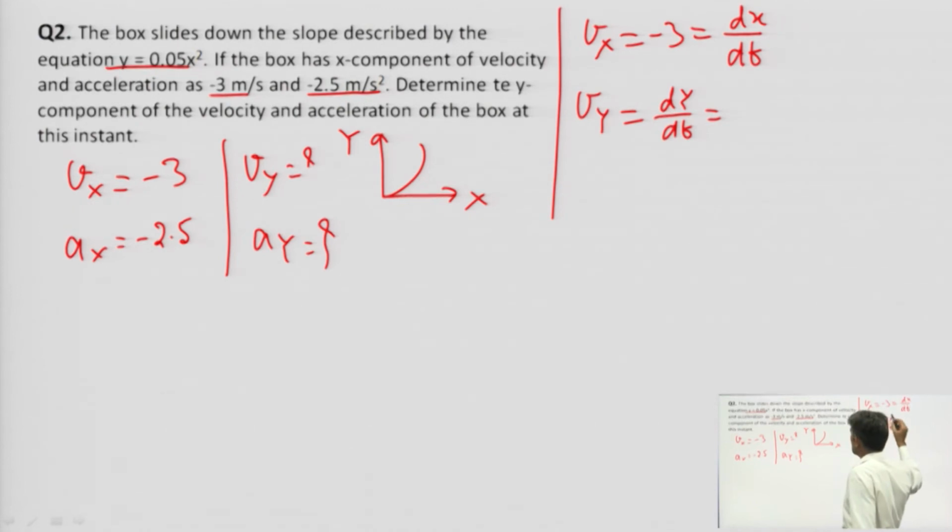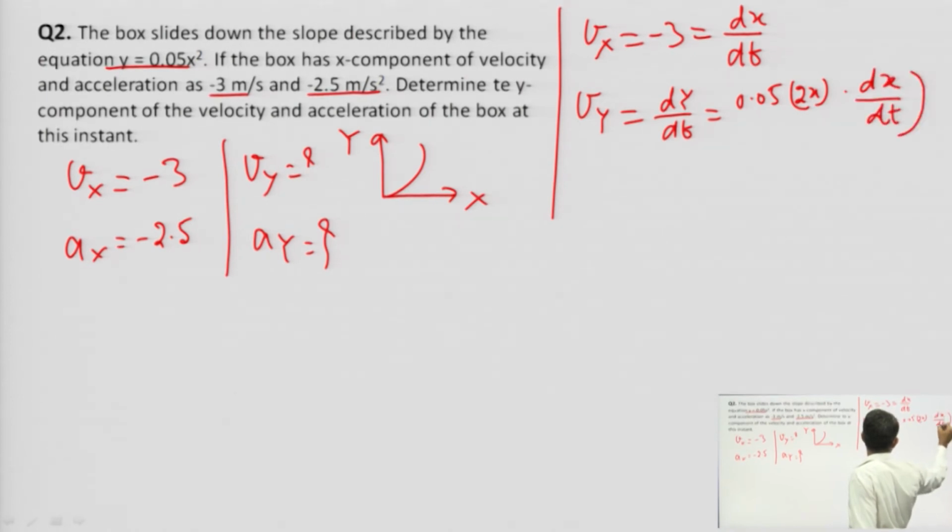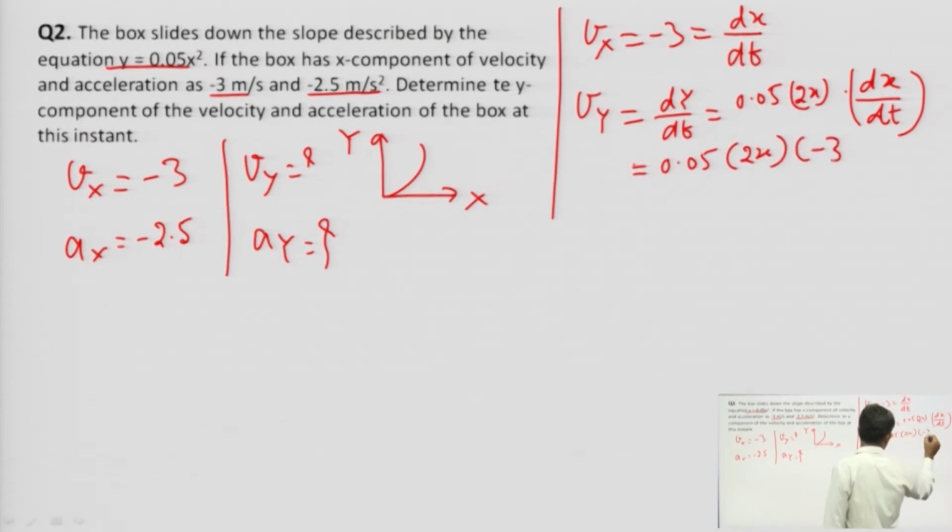So put y. So it is 0.05 into 2x into dx by dt. So dx by dt value is minus 3. So this value is 0.05 into 2x into minus 3.